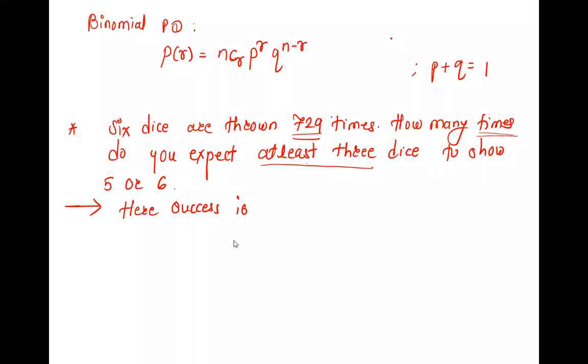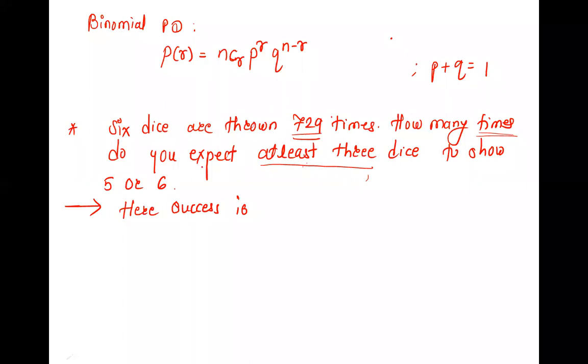So here, what is the success? At least 3 dice to show 5 or 6. This is the condition on r: at least, more than. So ignore the condition.